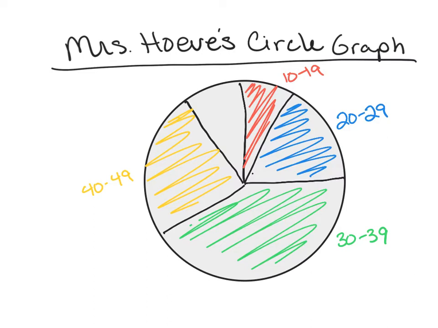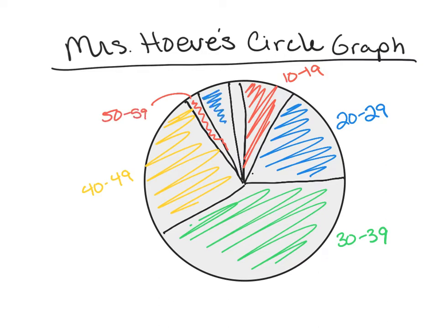Now, my last three are really small. So I'm going to do this. I had a small section over there and then another small section over here. Notice I'm not getting super particular. This little section here was my 50 to 59-year-olds.